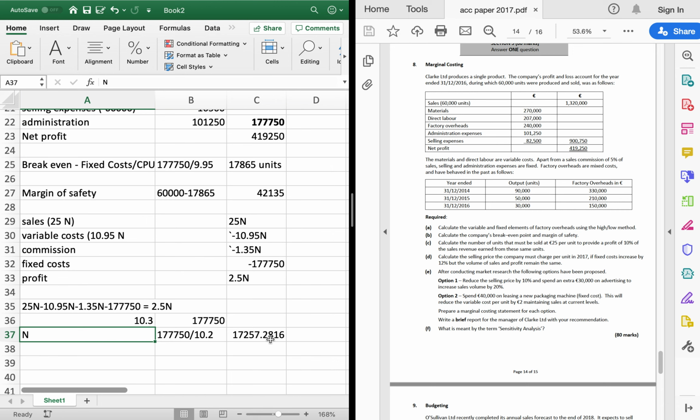So it's 1725, 7.28. So 17,258 is the answer there.